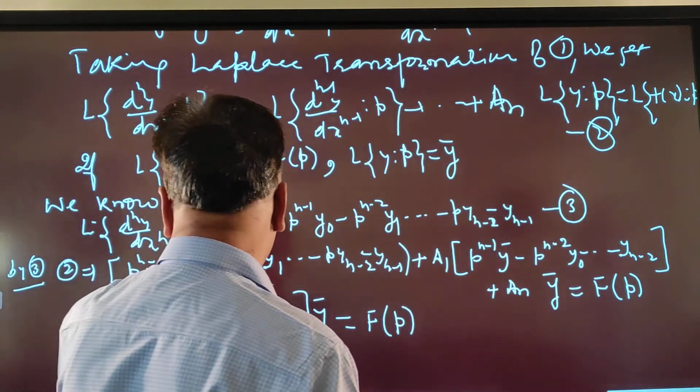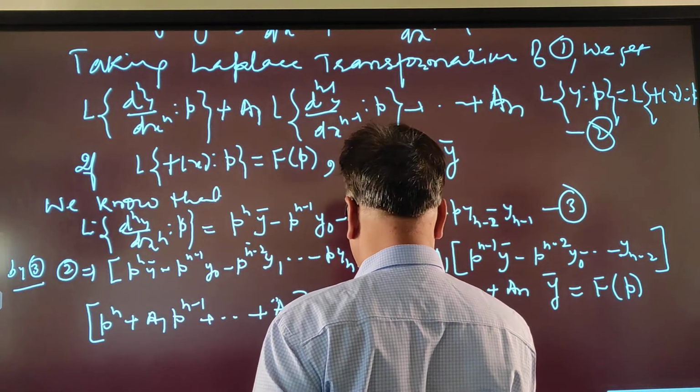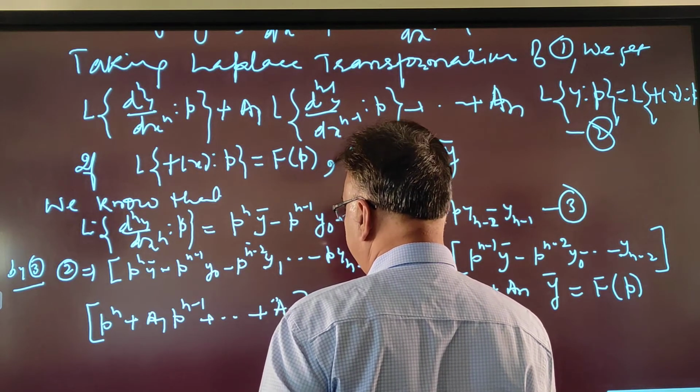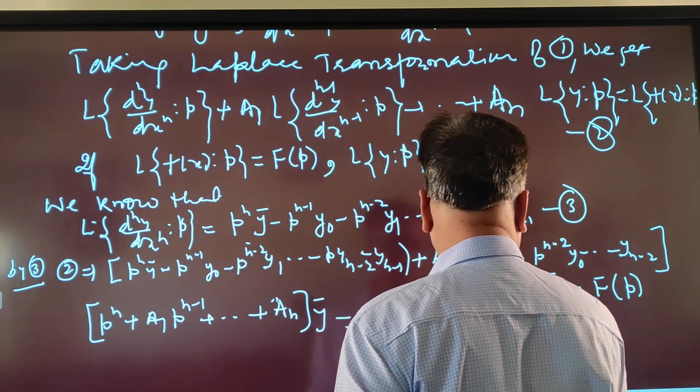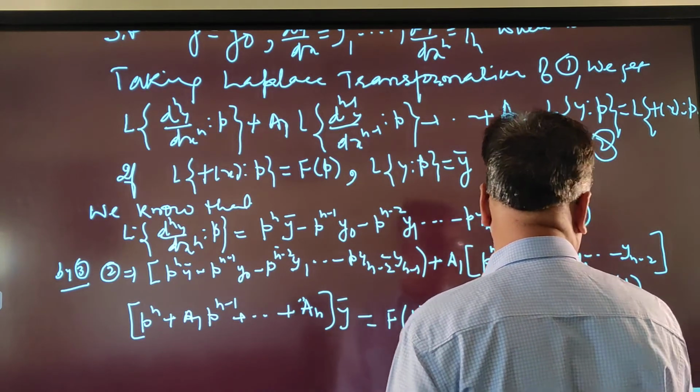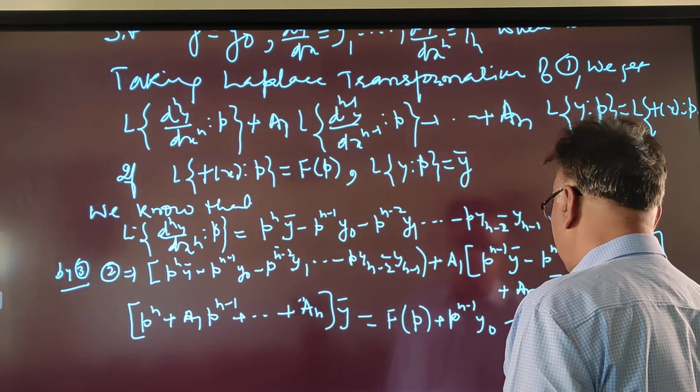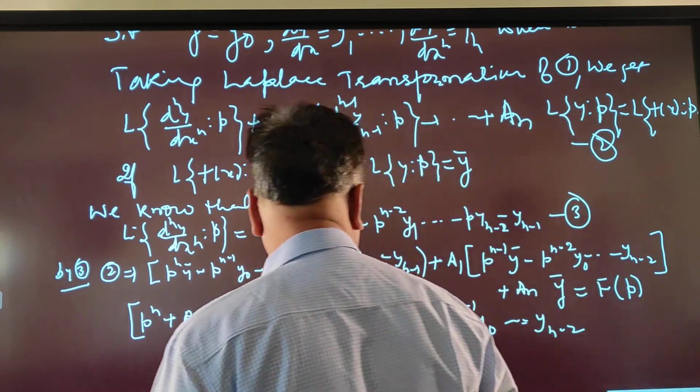Then we get plus p raised to n minus 1 into y0 plus so on, and the last term is y n minus 2 and so on.